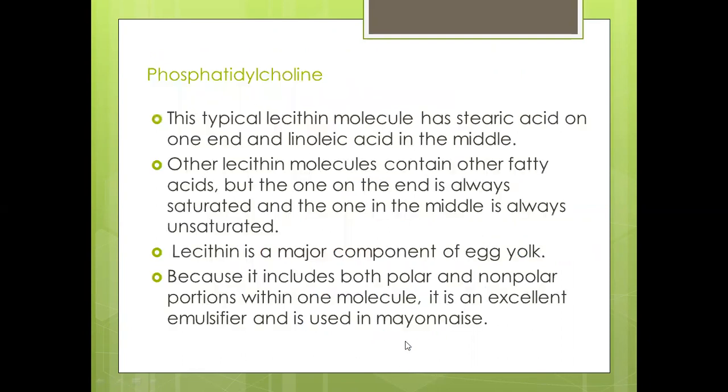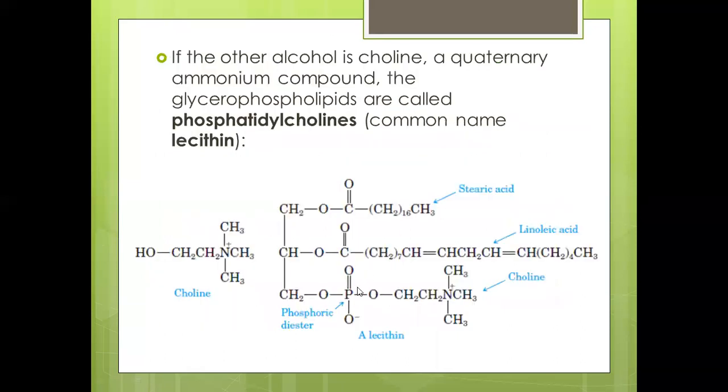Lecithin is a major component of the egg yolk. And you notice in this part, which you can see in the egg yolk, that you have the non-polar part and this one is the polar part.